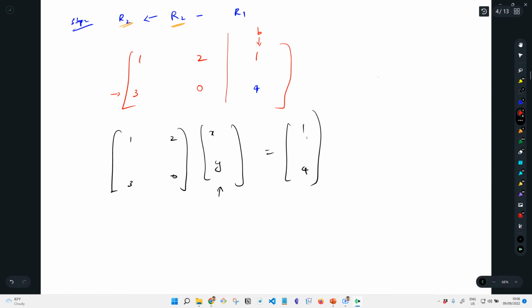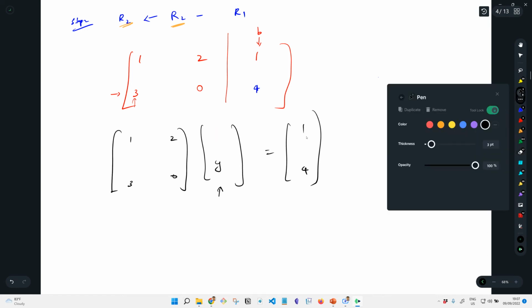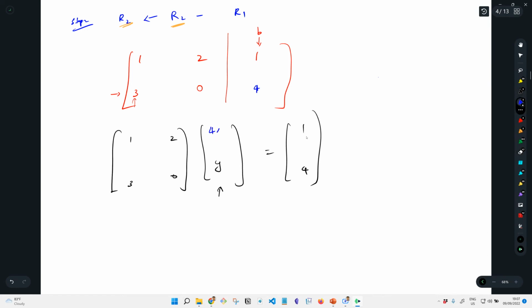After doing these row operations, what you encountered is a row with one non-zero element and all remaining zero elements. Once you encounter such a situation, you can find the value of the variable corresponding to this entry. The variable corresponding to this entry is x, and we just found out that 3x should be equal to 4, which means x will be equal to 4 by 3. So I will delete this x and I will write 4 by 3 here.